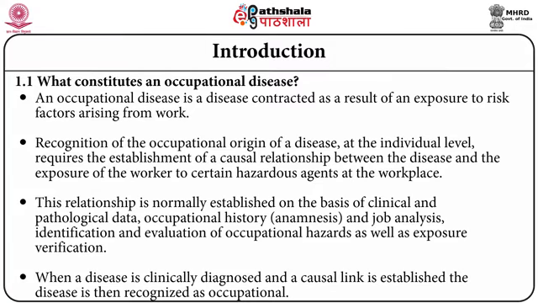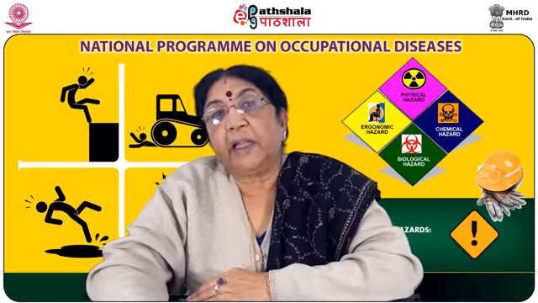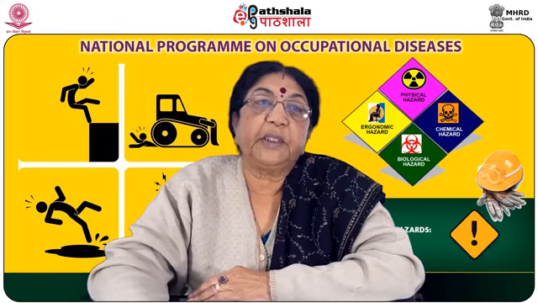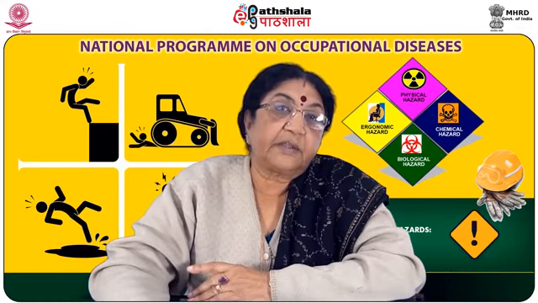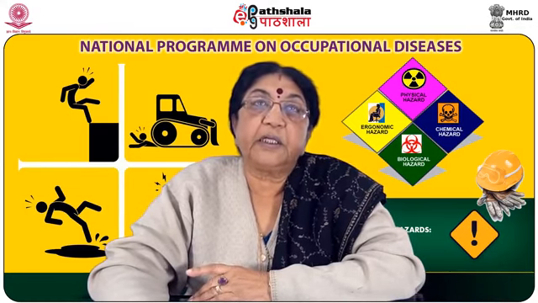This relationship is normally established on the basis of clinical and pathological data, occupational history, anamnesis, job analysis, identification and evaluation of occupational hazards, as well as exposure verification. When the disease is clinically recognized, we have to find a causal link, and then the disease is recognized as an occupational disease.